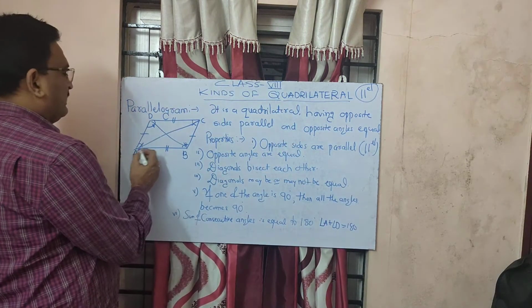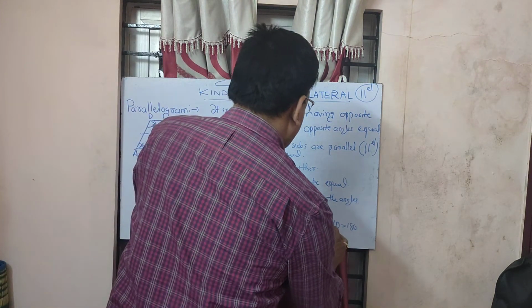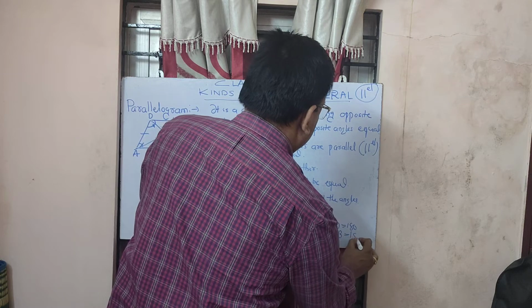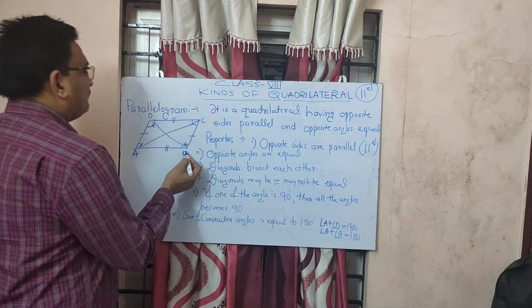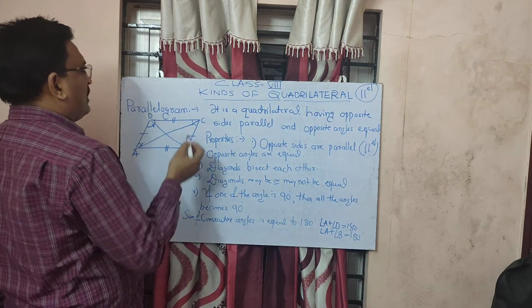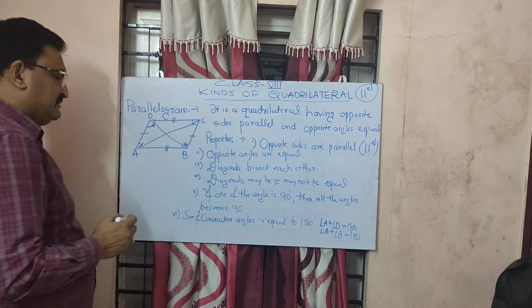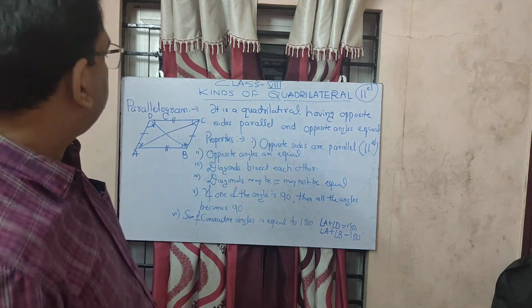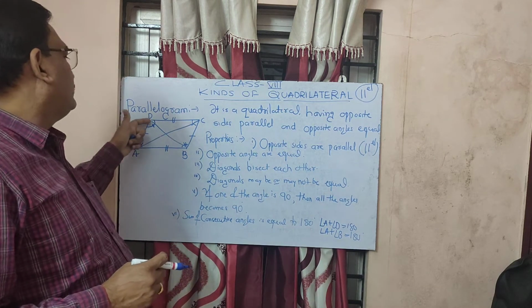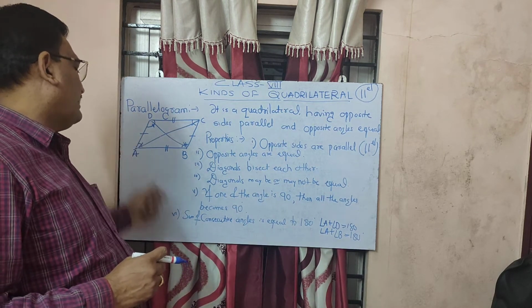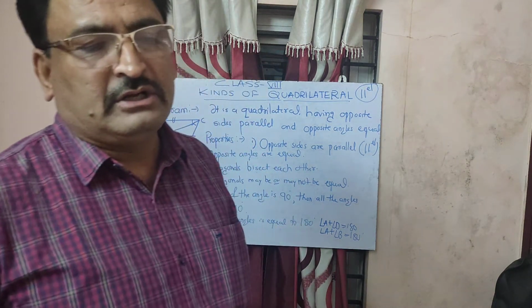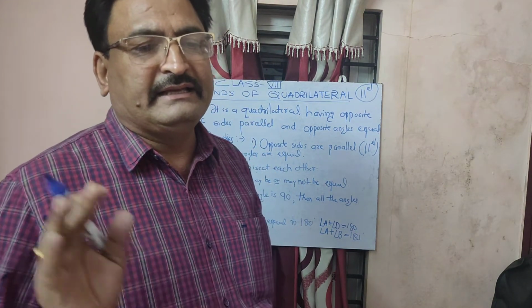Or angle A plus angle B is equal to 180. Or angle B plus C is 180. Or angle C plus D, all are 180. So they can be called consecutive angles. The sum of consecutive angles is always 180 degrees.